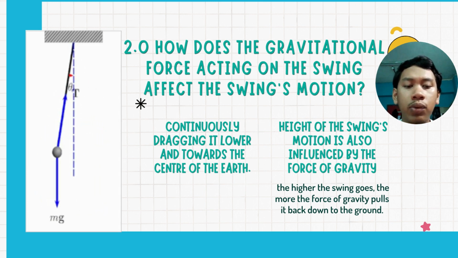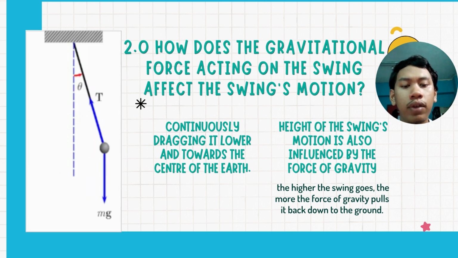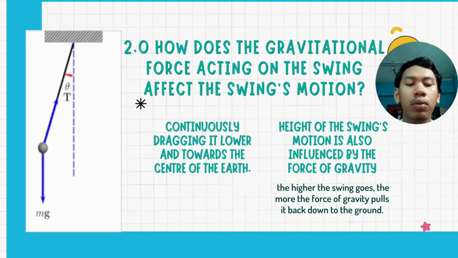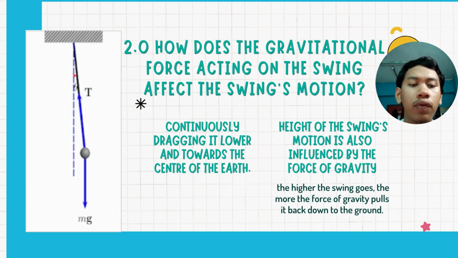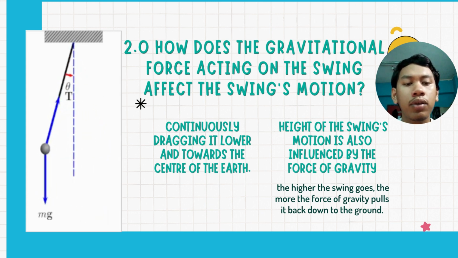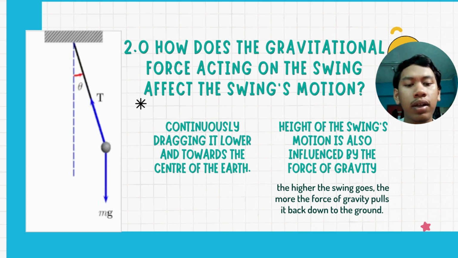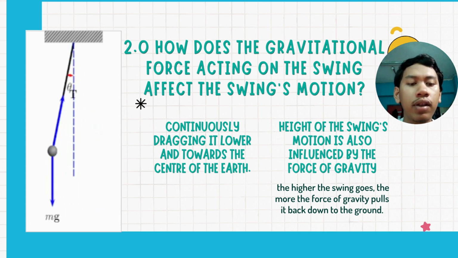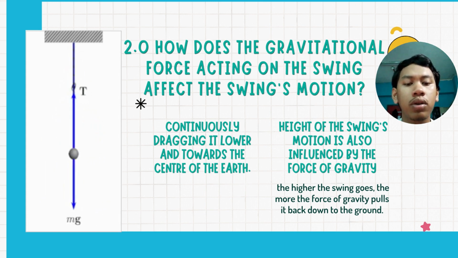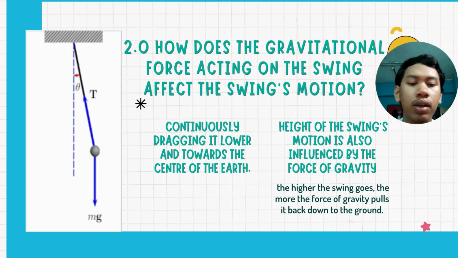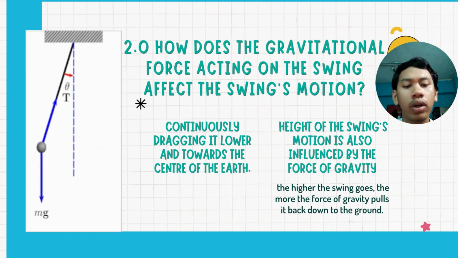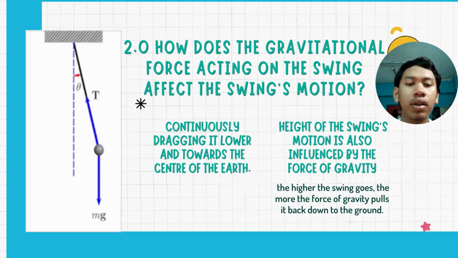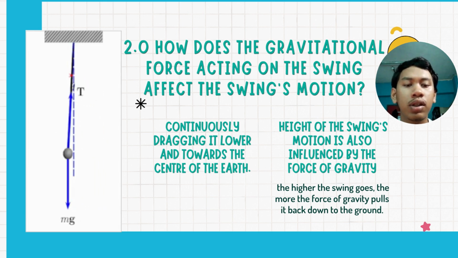The higher the swing goes, the more the force of gravity pulls it back down to the ground. So, whenever your friend pushes you too much, the swing will go higher, but you can feel gravity pulling you back to the ground, which makes the swing become slower. So I think that's from me. I will pass to the next presenter.